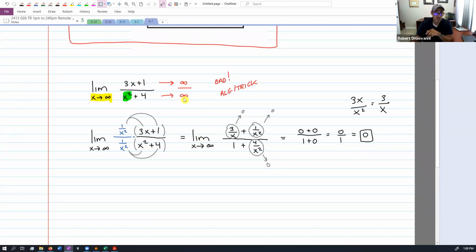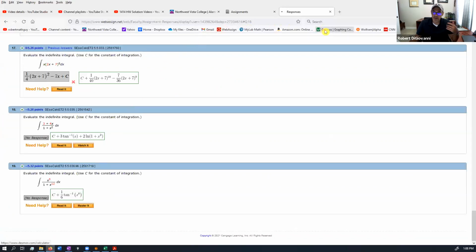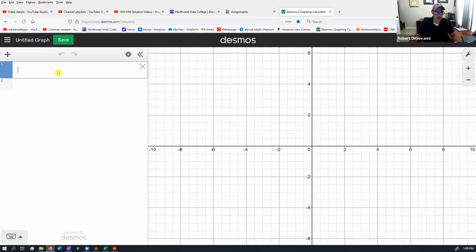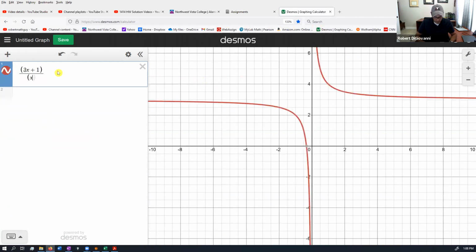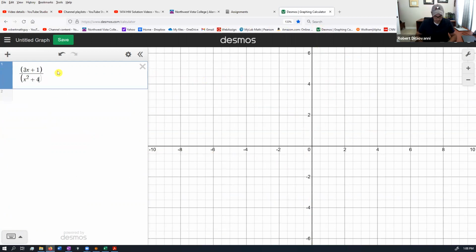What we're trying to do in these is come through with something that is going to, let me explain this. I want to show you the picture first, before I try to see if I can get you to tell me why I used 1 over x squared. But let me do this first. 3x plus 1 over x squared plus 4.